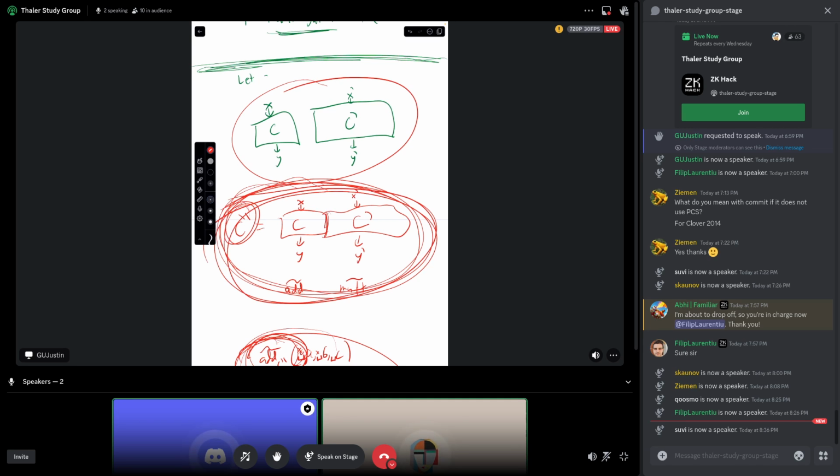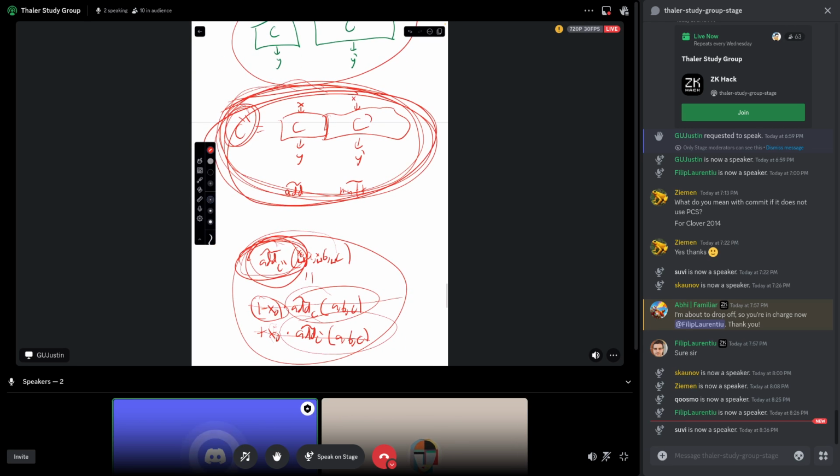But I didn't quite value the question. It was like, what if some of the inputs to C prime have to equal what the outputs of C are?